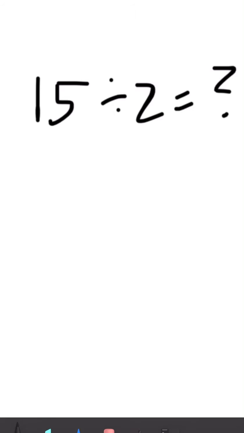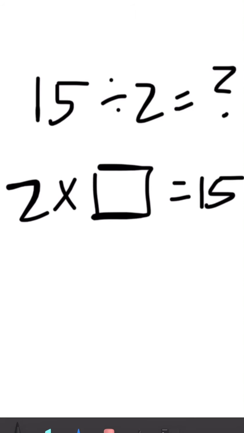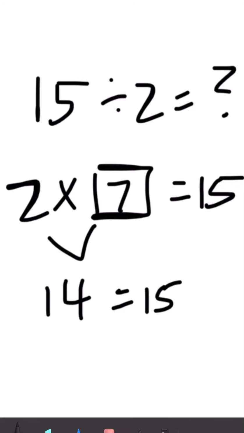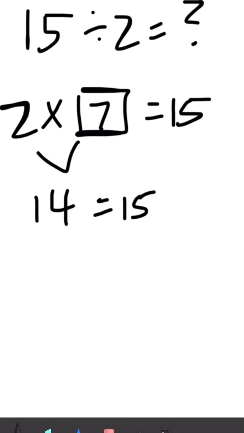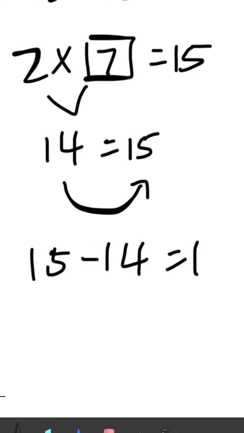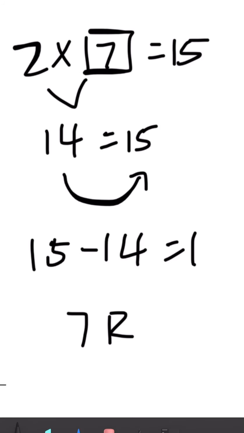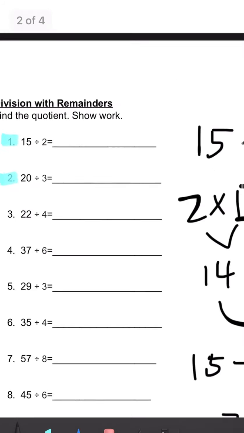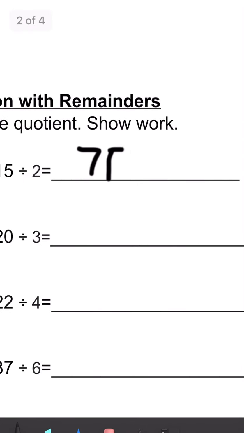Okay, so we know that 2 times 7 gives us the closest number to 15, because 2 times 7 is 14. So in order to solve for the remainder, we'll move this onto this side and we'll do 15 minus 14, which is 1. So your answer will be 7 remainder 1. So I'll write that here. R stands for remainder, by the way.